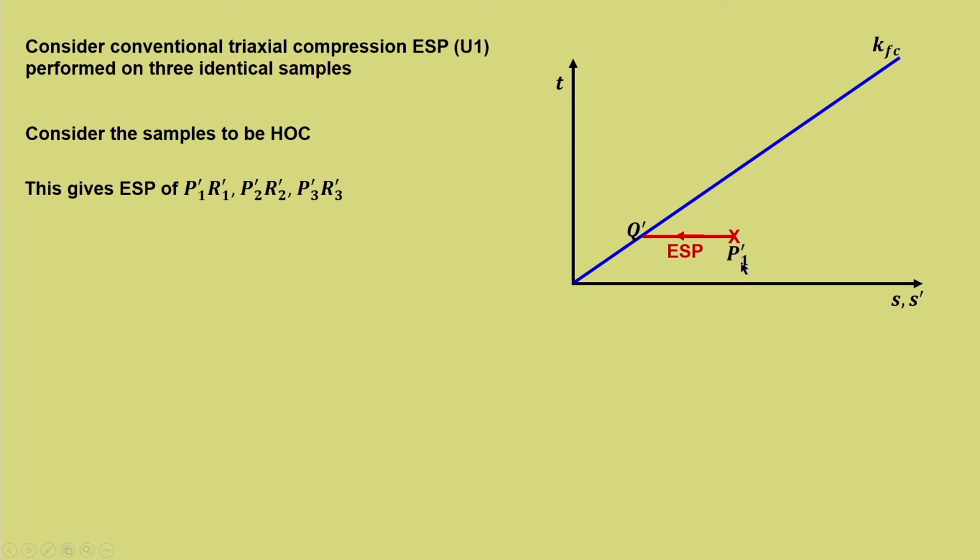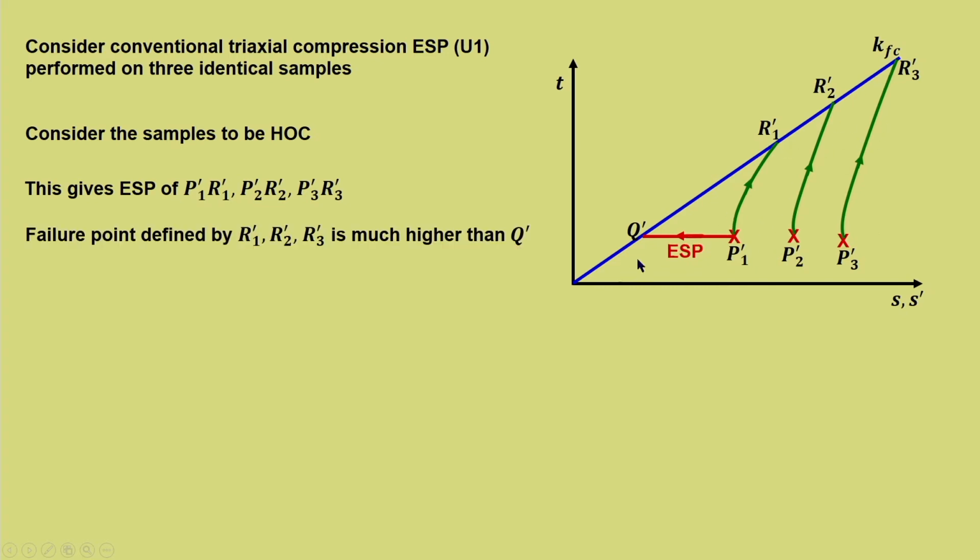So, the initial point is P1 dash and the effective stress path is in the positive direction, which is P1 R1 dash. Now, P2 dash R2 dash is at a higher confinement, and P3 dash R3 dash at an even higher confinement. So, this gives the effective stress path. Now, the failure points are defined by R1 dash, R2 dash, R3 dash.